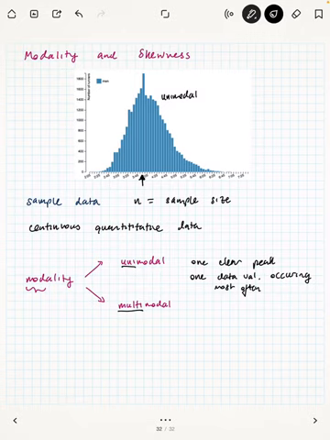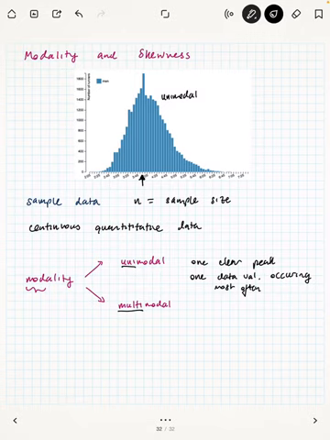If we had two modes, right, if we had another peak somewhere else, like maybe if this bar was taller, then we would call it bimodal. Or if it was three, trimodal. But usually we just refer to unimodal or multimodal, okay?